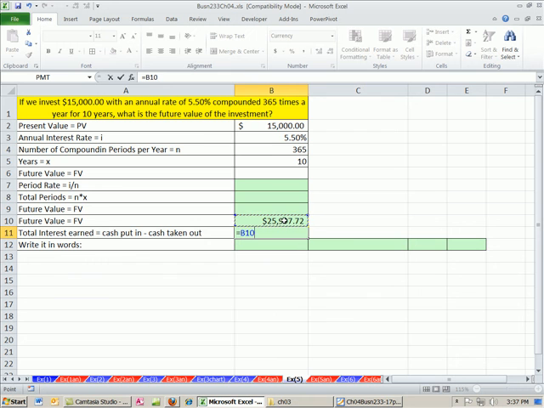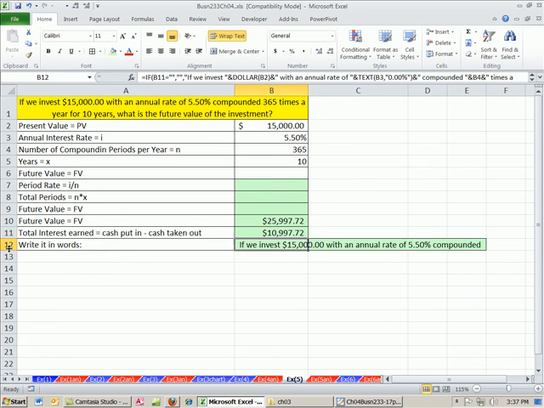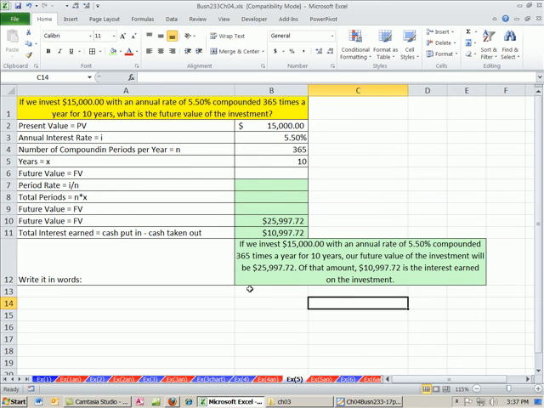And our interest earned is going to be this. And then in words, we write, if we invest 15K at an annual rate of 5.5% compounded 365 times a year for 10 years, our future value of the investment will be 25K 997.72. Of that amount, 10,000 and some change is the interest earned on the investment.